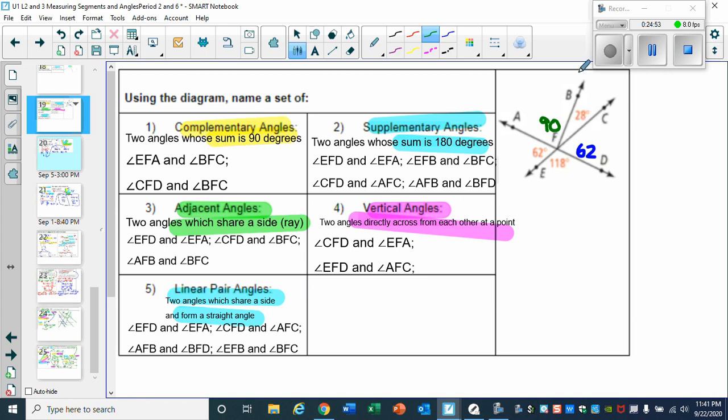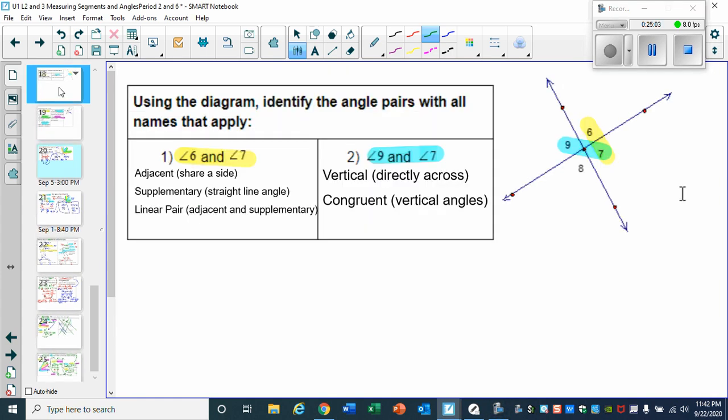Linear pair, share a side, and they form a straight angle. And then last part, again, look at what shares sides, look at what is going across or next to each other.